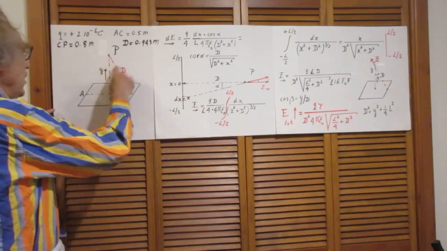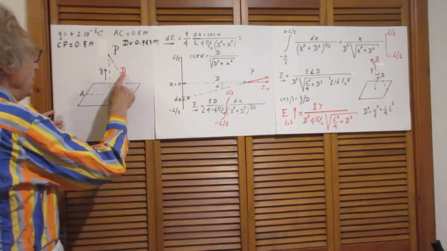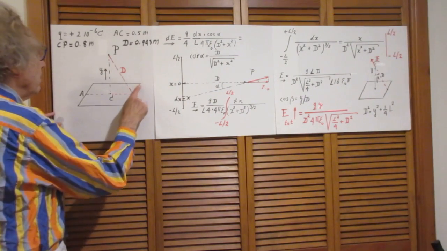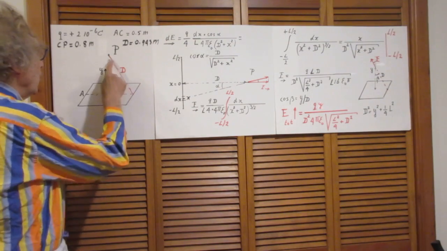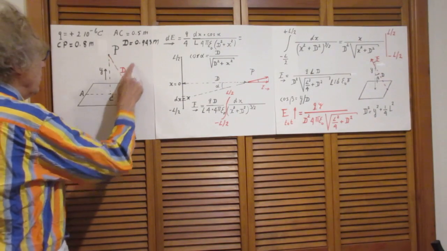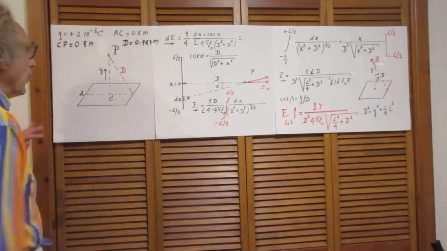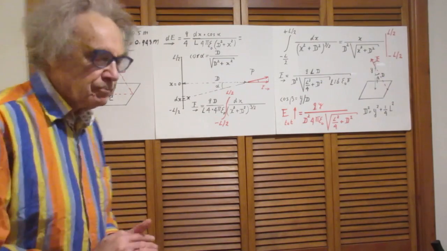I'm going to introduce D, which goes from the middle of this section to point P. Easy to calculate, D is 0.943 meters.